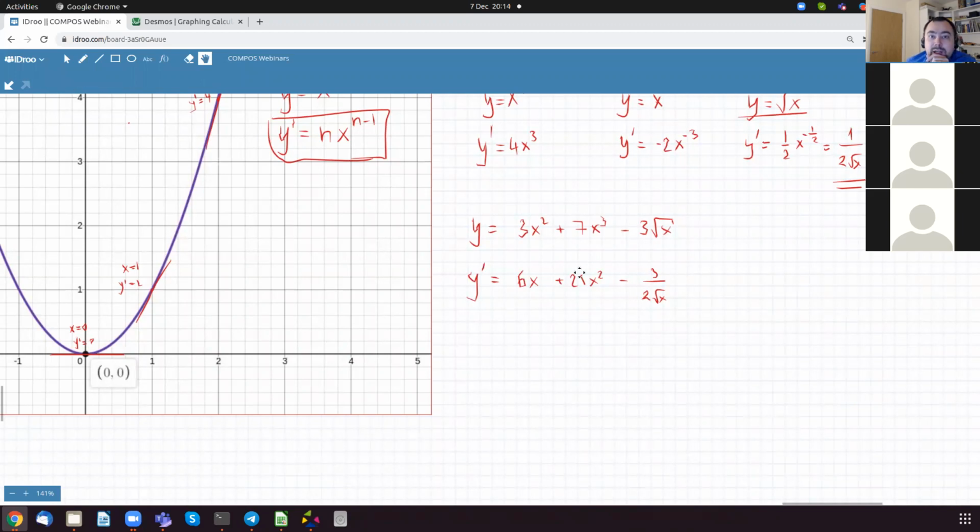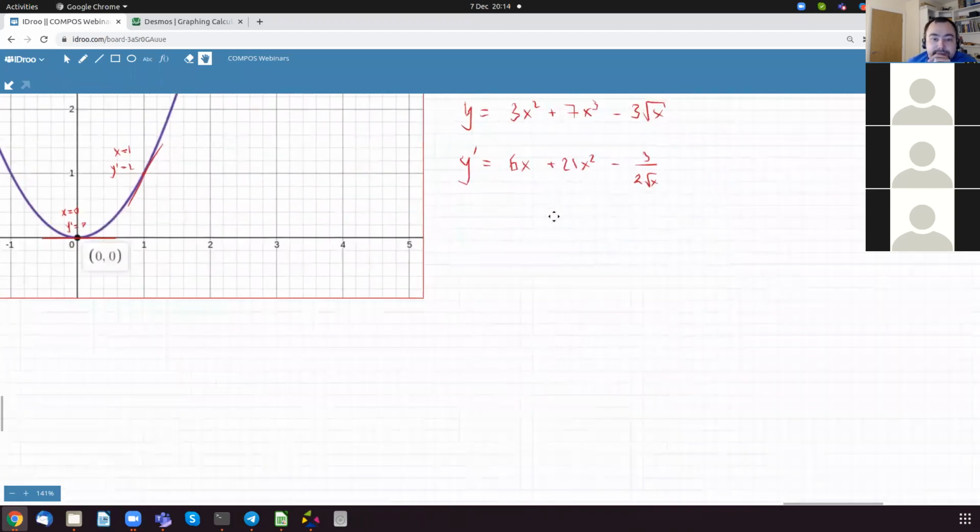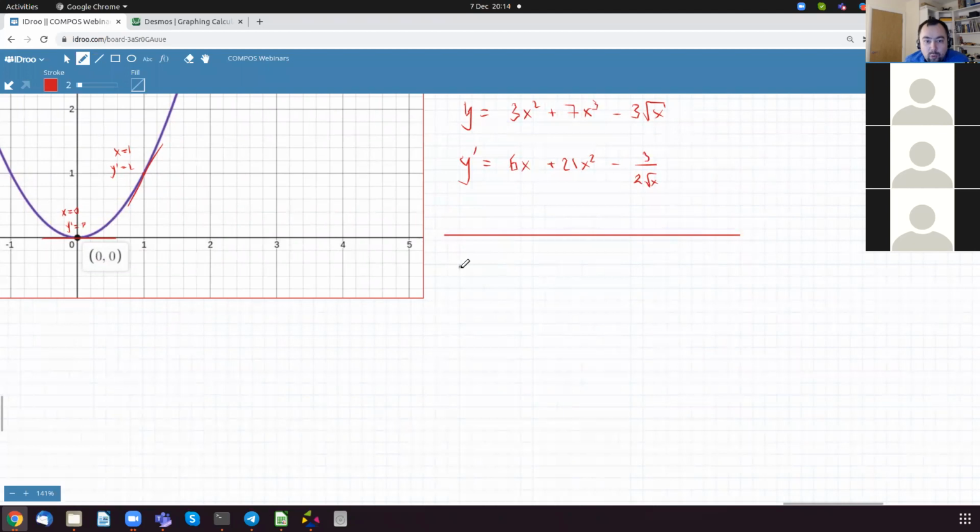Okay. And one final thing. If y equals 7, what is y prime? y equals 7 is a horizontal line, and the gradient of a horizontal line is 0, of course.